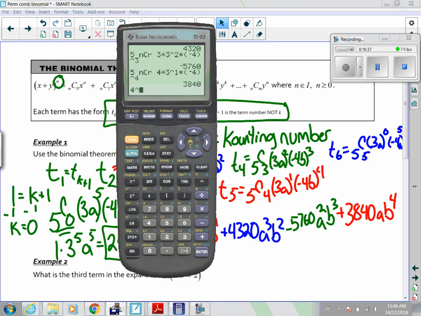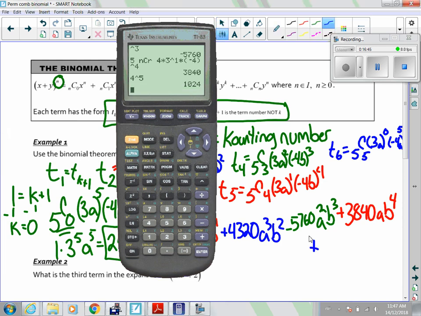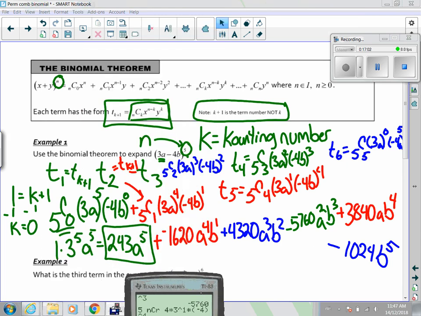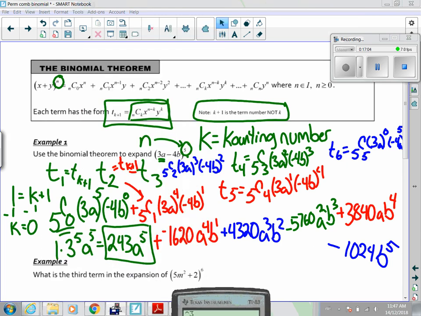No, 256 I think. Here's hoping. Oh, 1024. I knew that. All right. So plus, oh, minus, right? Because it'll actually be negative with an odd power. Minus 1024B to the 5th. So that's the entire expansion of that whole mess.